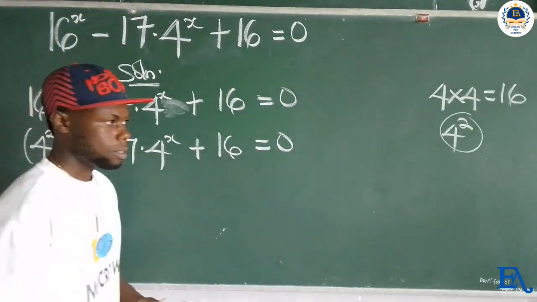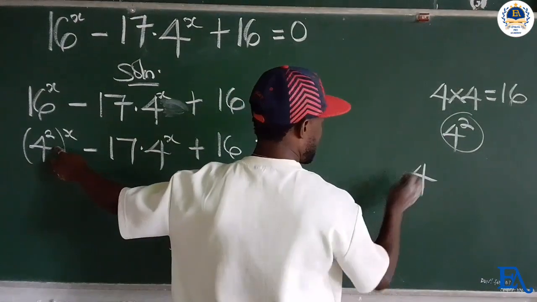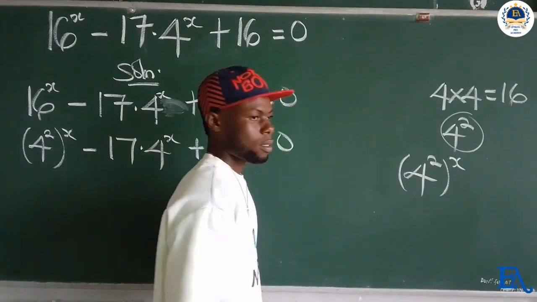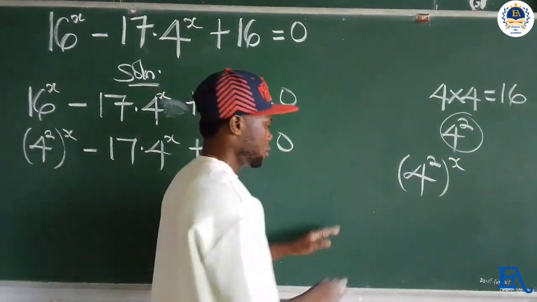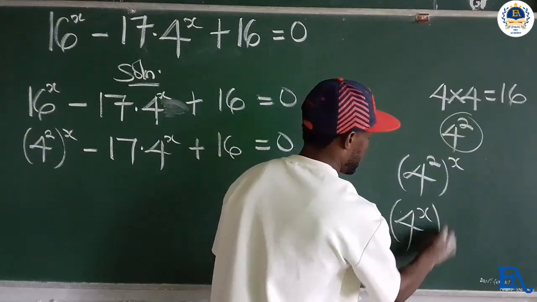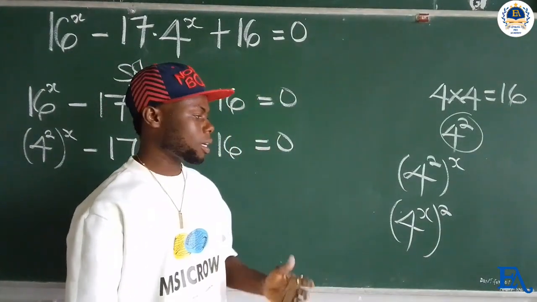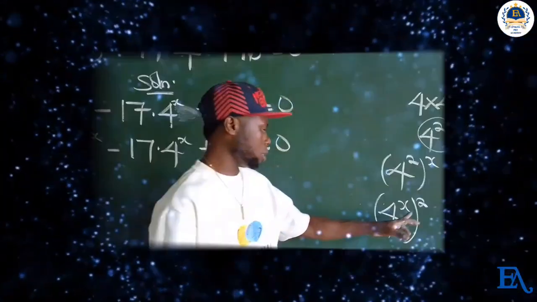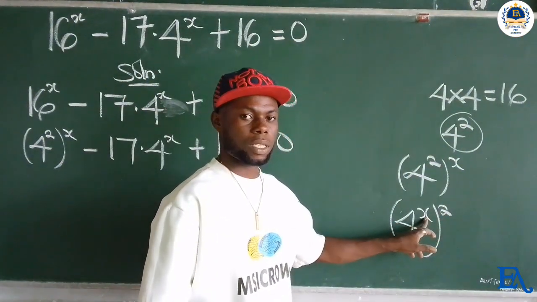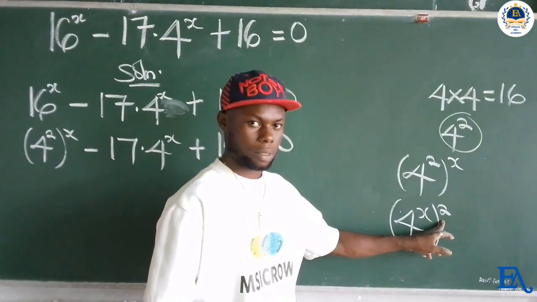Now note this: 4 raised to the power of 2 in bracket, raised to the power of x, is the same as 4 raised to the power of x in bracket, raised to the power of 2. Their powers can be interchanged. So we can use these two to interchange with this x or multiply with the x.